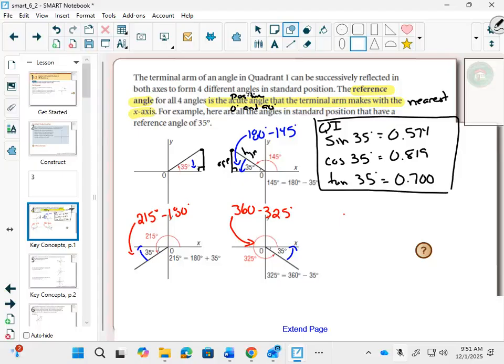But some things a little bit interesting happen. So watch what happens. I'm going to go quadrant 2 here. I'm going to go to my calculator and I'm going to do sine now of 145 degrees, cos of 145 degrees, and tan of 145 degrees.